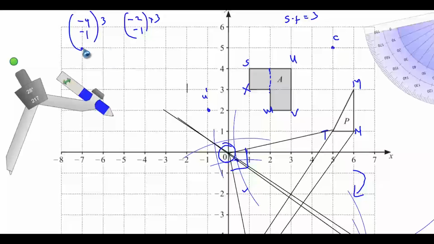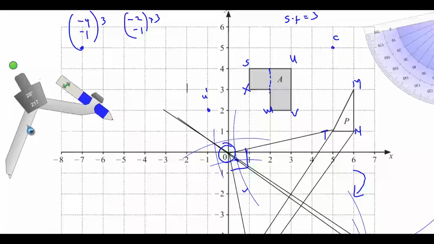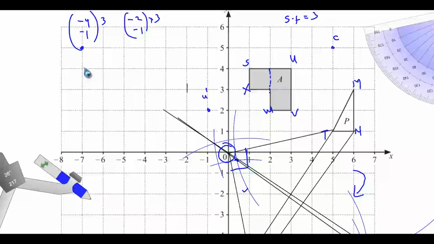Wow, that's very long. Let's confirm that again. 1 to 12. Then 3 downward, 1, 2, 3. So the point is here. Let's remove this, we don't need this one here. That is for S prime.